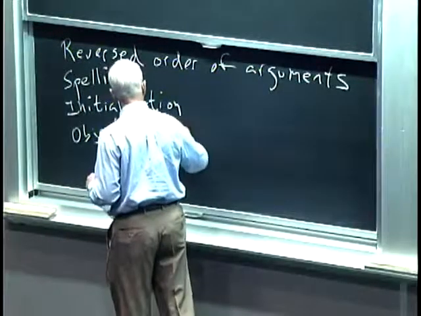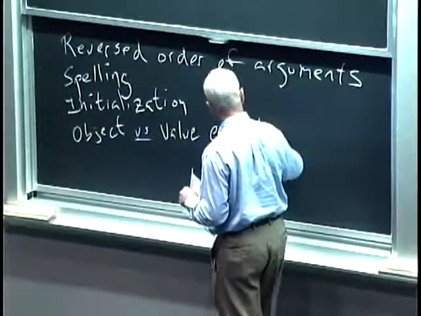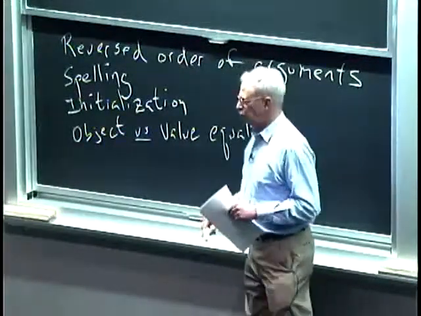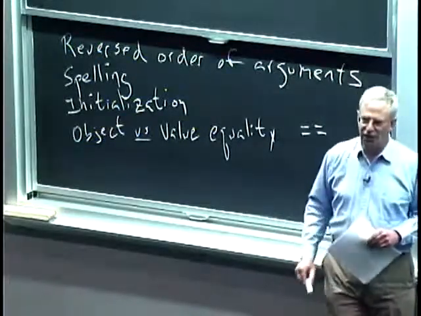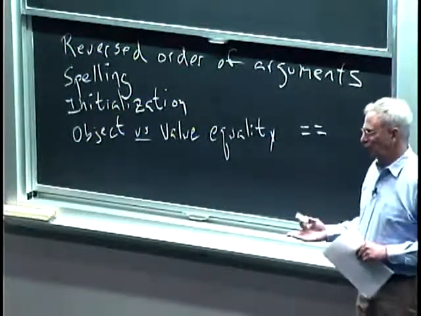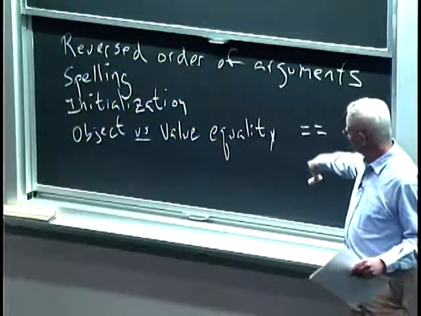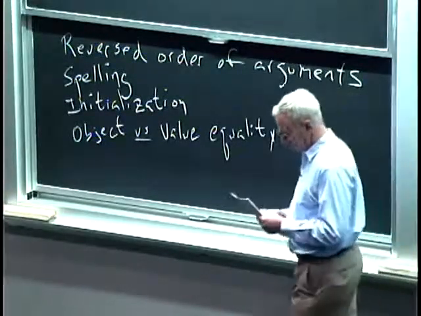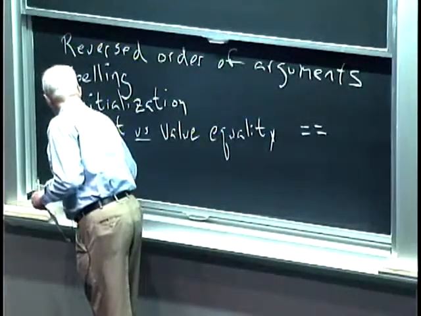Object versus value equality. Particularly when you use double equals, are you asking whether you've got the same object or the same value? They mean very different things, as we have seen. Keep track of that. Related to that is aliasing.